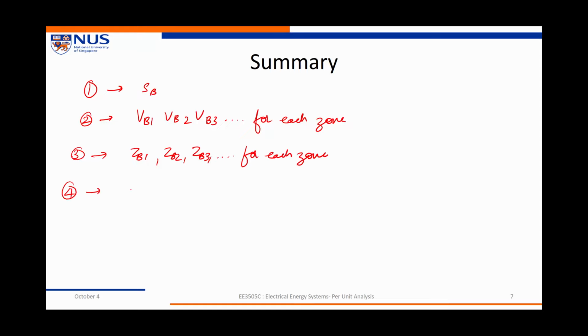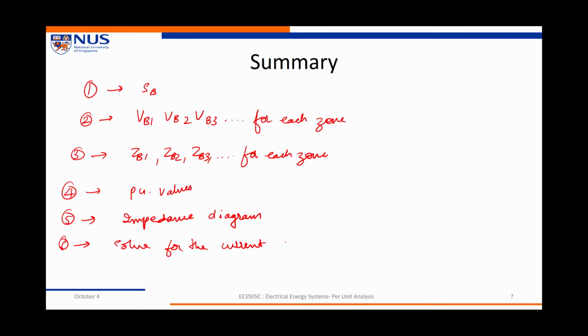Then represent everything in per unit values, draw the impedance diagram, and finally solve for the current. The simplest formula is I per unit would be equal to the V per unit divided by the Z equivalent, and if needed, convert them back to find out what is the actual quantities.